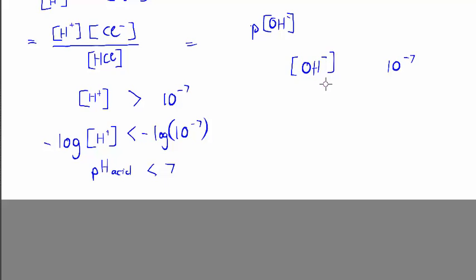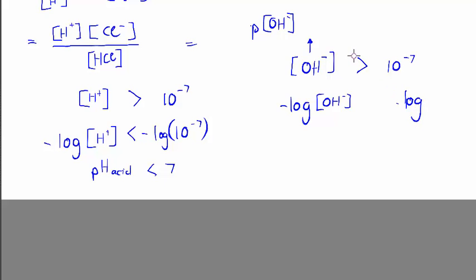So if I now add a base, I'm increasing this concentration, which means I will have more of these than 10 to the power of negative 7. So if I take pOH, I'm taking the negative log of OH ions, hydroxide ions.